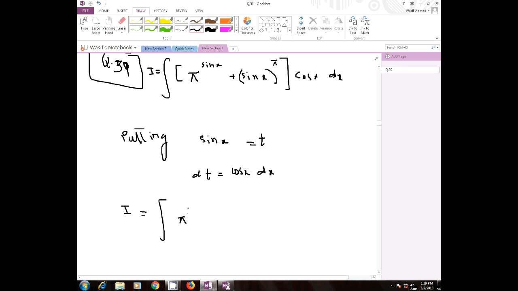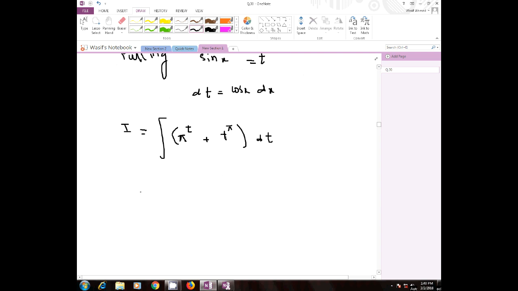Pi raised to the power t plus t raised to the power pi, and instead of cos x dx you have simply dt. Separate the integrals. Pi raised to the power t dt plus t raised to the power pi dt.